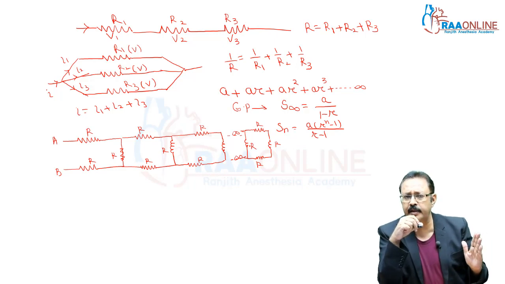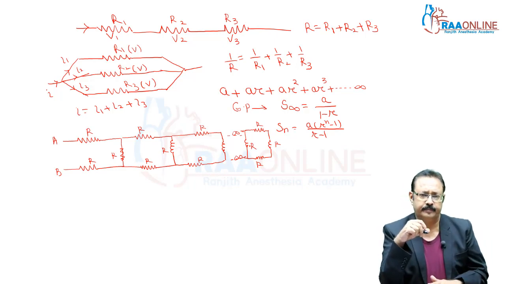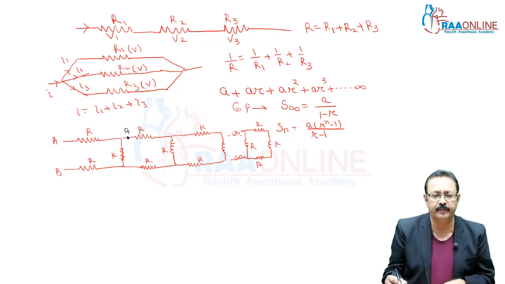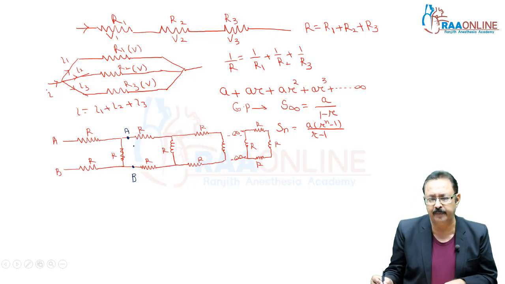Your structure is symmetrical. If we remove one component, see your structure from this point. If I shift A to this point and B to this point, again the problem is the same.